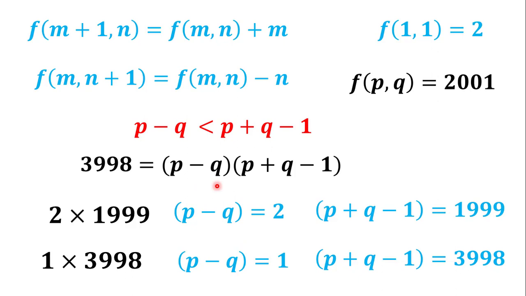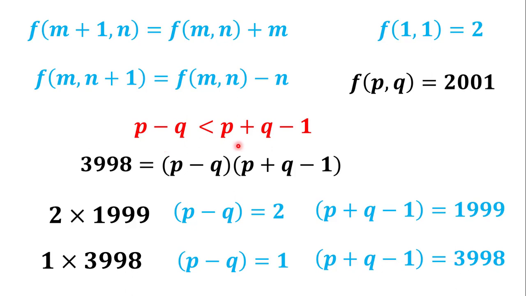You can ask me why I didn't put p plus q minus 1 equals 2. Because the minimum value of p minus q is 1, since p and q are natural numbers, and the minimum difference between two natural numbers is 1.